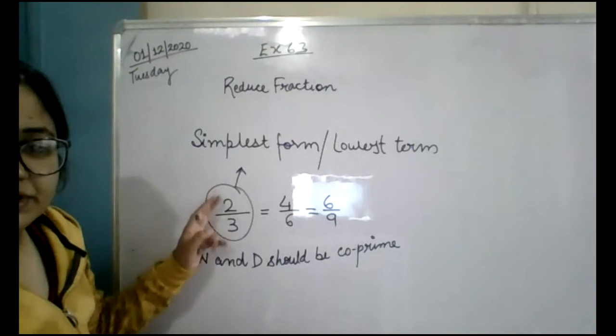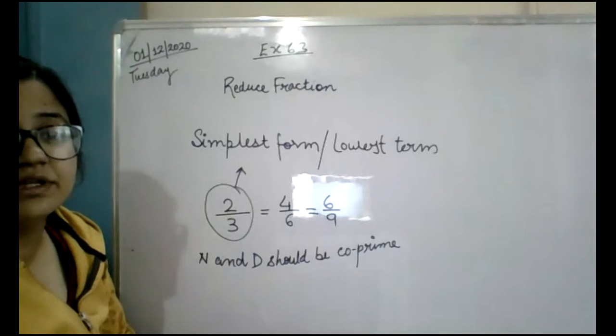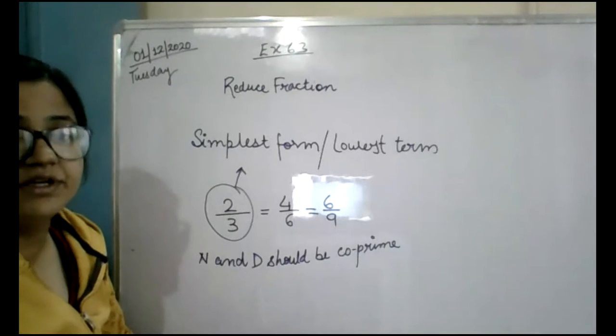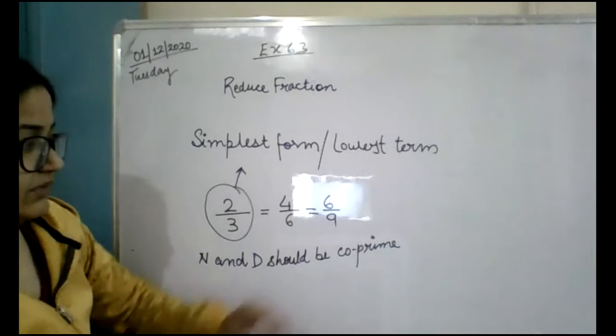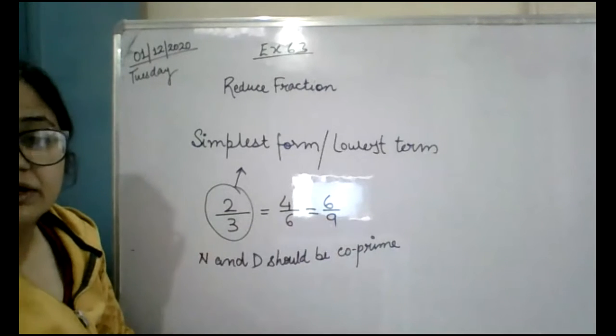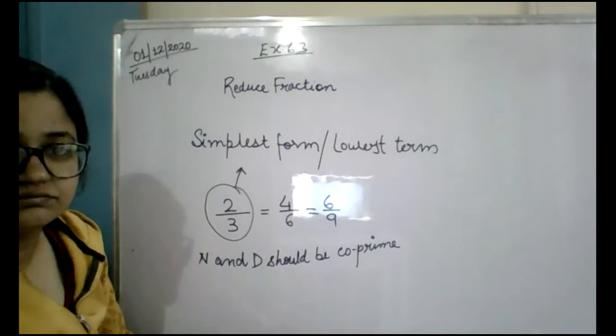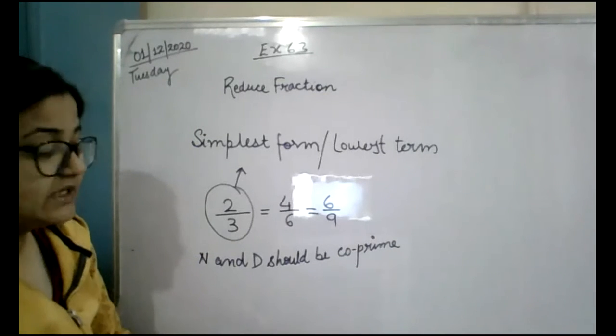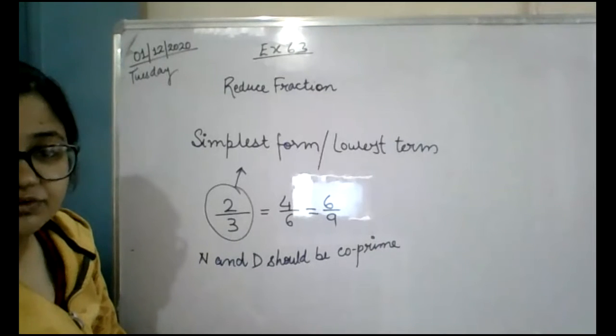Co-prime means the numerator and denominator must not have any number in common by which they can be divided. For example, 6 and 9. Are they coming in any same table? 3. They both are coming in the table of 3. That means they are not in simplest form.